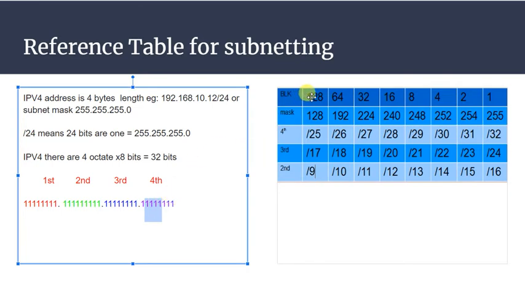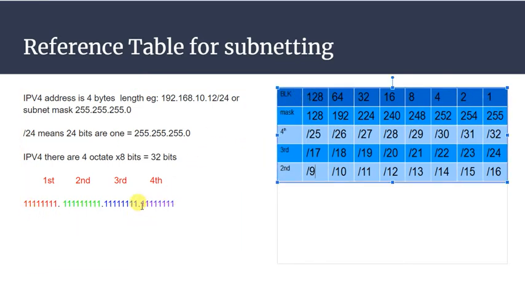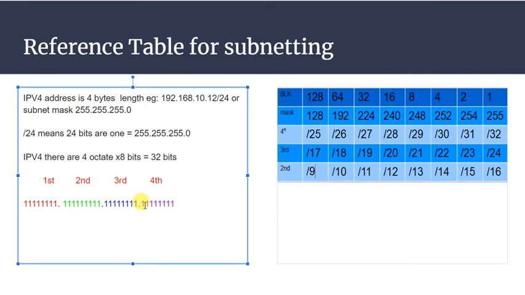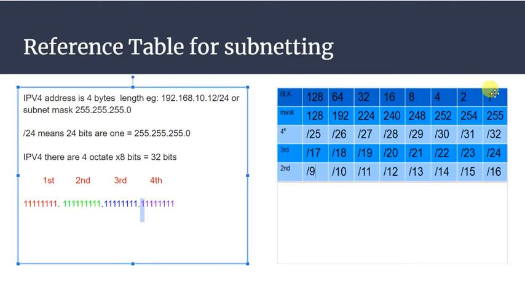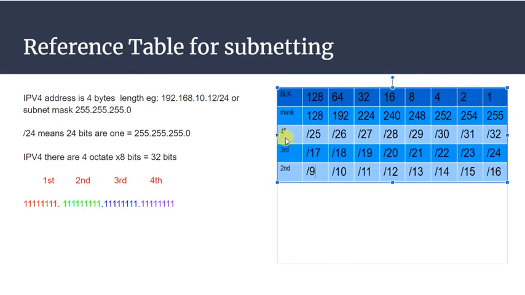Each bit has a value, which is the block size: 128, 64, 32, 16, 8, 4, 2 and 1, with 128 for the leftmost bit and 1 for the rightmost bit. The next line represents the possible subnet mask values.